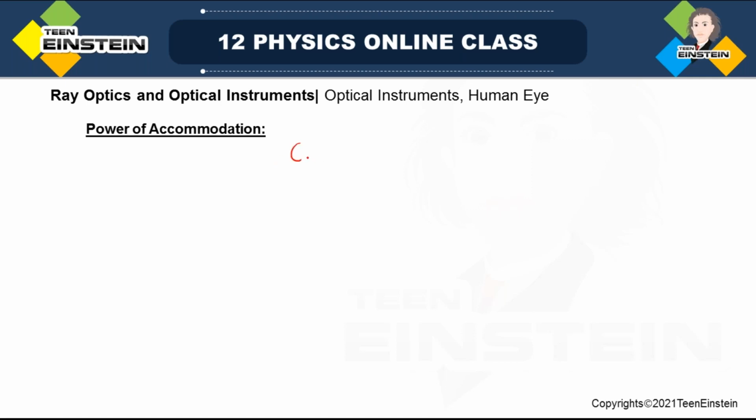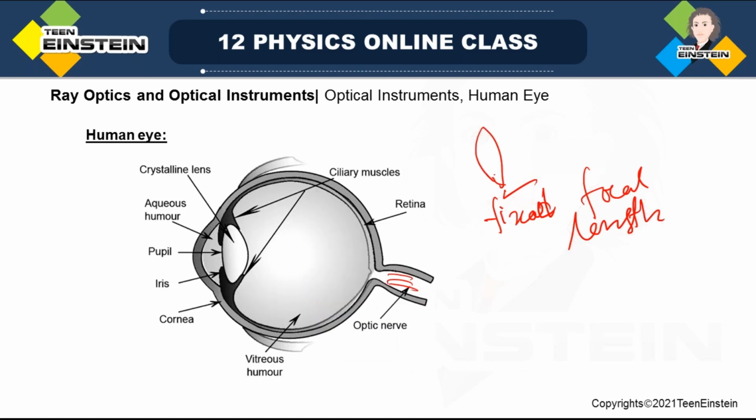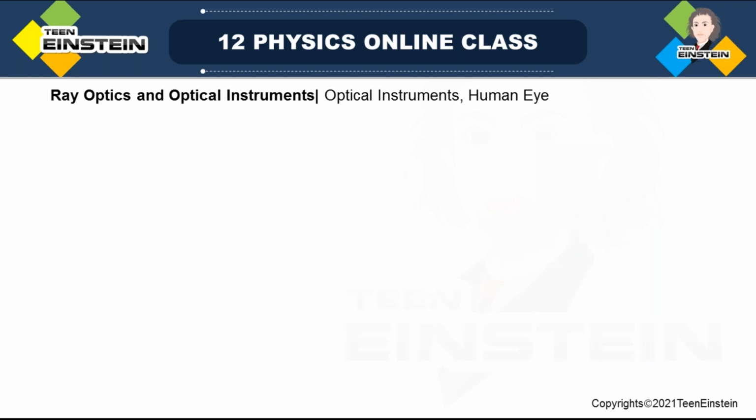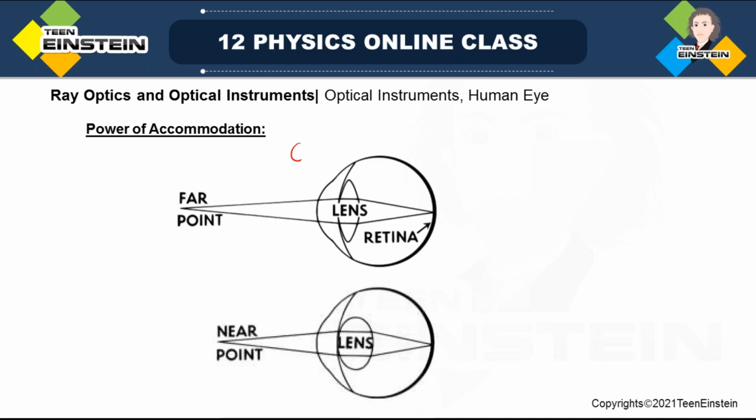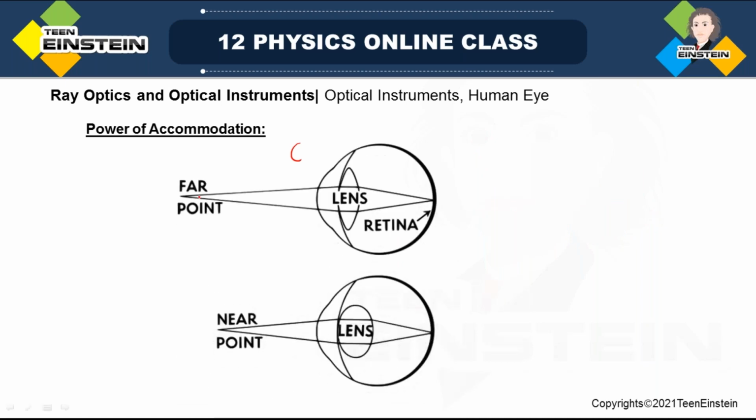by the action of ciliary muscles, we have learned ciliary muscles, right? By the action of the muscle sections of the ciliary muscle, the focal length of the lens can be changed so that it can focus a far off object, even a near object. Look, I can show you that. This is called far point, far off object, and this is near point.